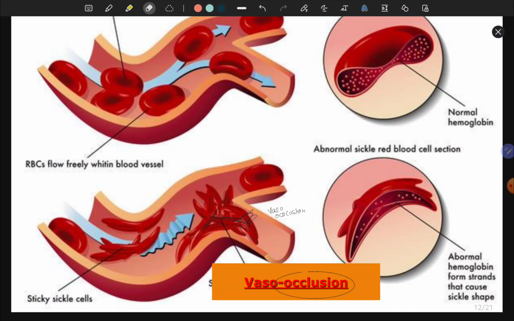Why is the lifespan shorter? Why is there a shortened lifespan? Sickle cell disease or sickle cell anemia is a hemolytic anemia. I'm talking about a point mutation, and the RBCs would be abnormally shaped and rigid, not compressible like the normal, soft, compressible, biconcave RBCs.